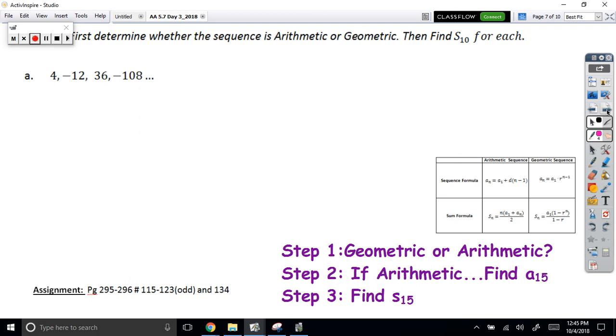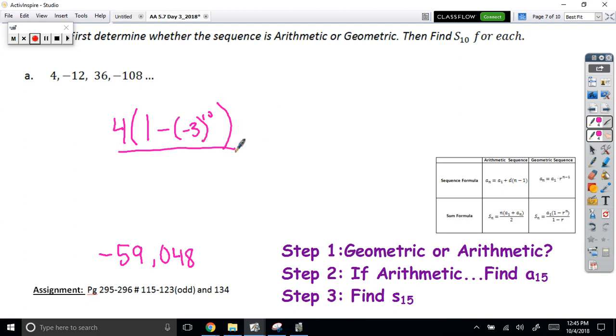Anyone get an answer? You know this one, Kara? Negative 59,035. That's right, I got 48. Let's see. So we should have had 4 times 1 minus a negative 3 to the 10th all over 1 minus a negative 3.